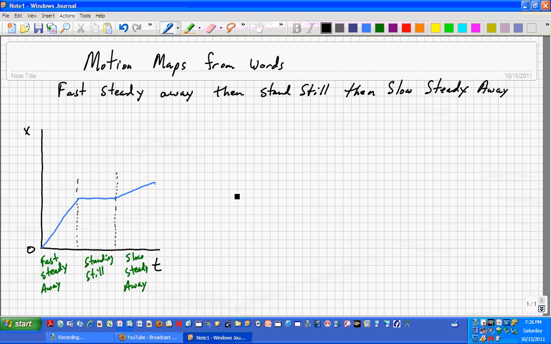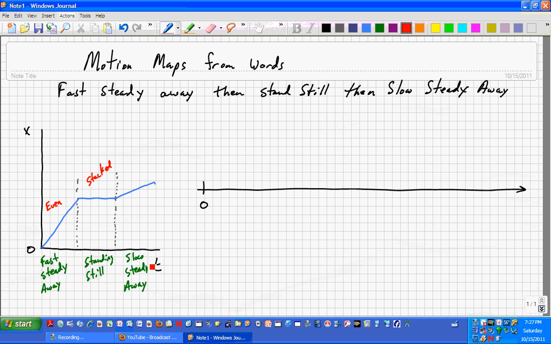Let me go ahead and set up my number line for my motion map. Before I go any further, I want to make some notes on how my position dots are going to look. I know this is steady, so these are going to be evenly spaced. This is standing still, so my dots are going to be stacked.